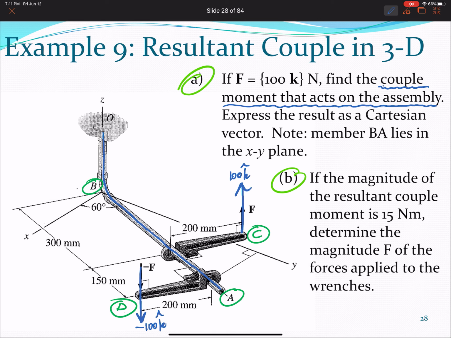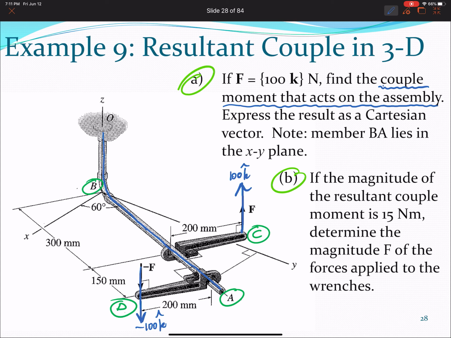By this point, we are not surprised they are not giving us a point, because it doesn't matter. The moment caused by a couple doesn't depend on the point. It will be the same. So don't worry because they don't give you a point. It's a couple, so it should create the same moment everywhere.